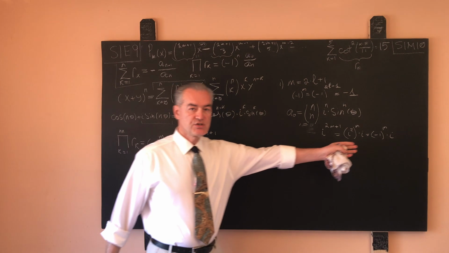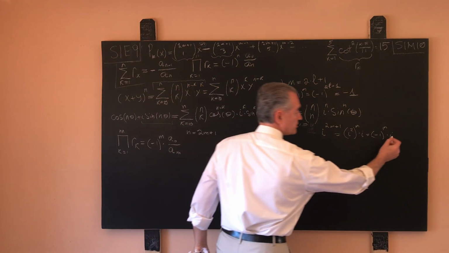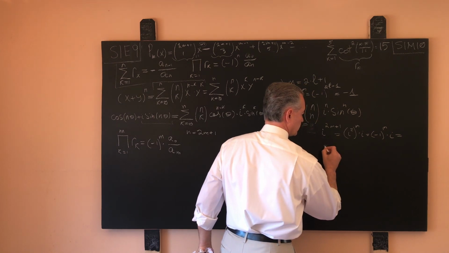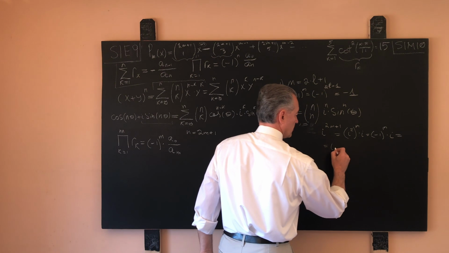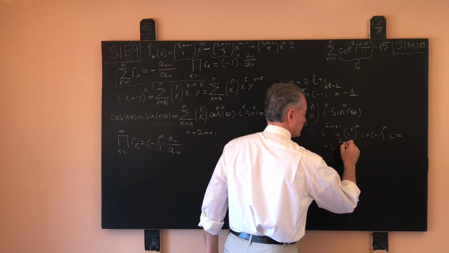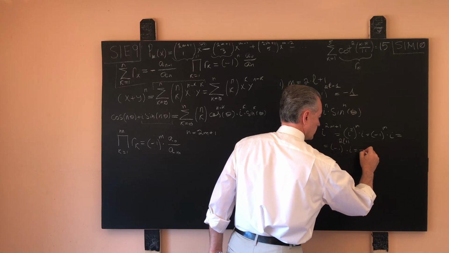But the integer m itself is odd, which means that this construct will collapse into -1 to the power 2l plus 1 times i, and this will be -i.